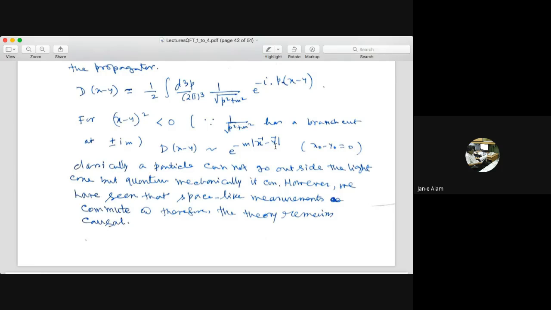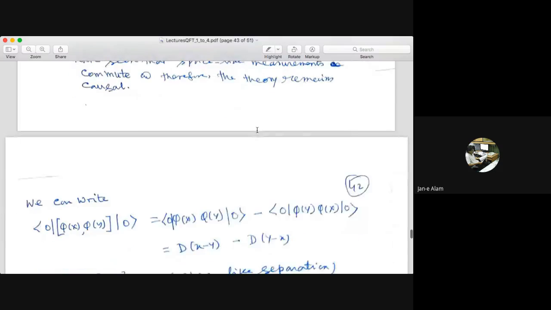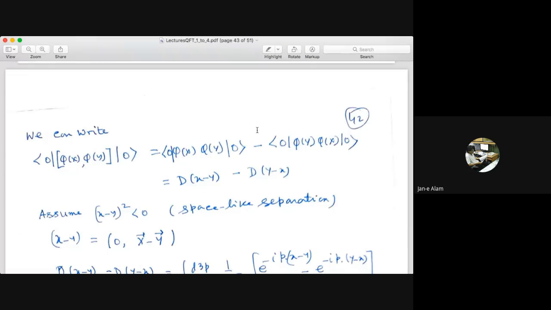But if a particle can go from y to x, then the particle can also propagate from x to y with the same amplitude, and that cancellation of the amplitude restores causality. And we want to see whether it is really happening or not.